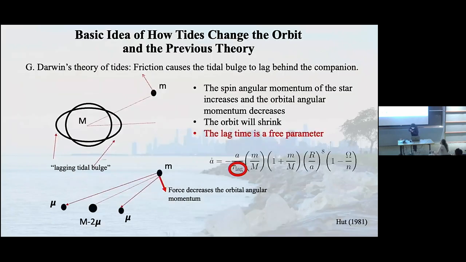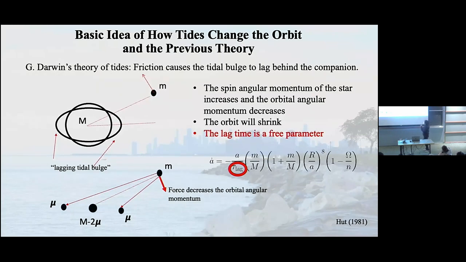So I would like to start with some basic ideas of how tides change the orbit, and the previous tidal theory. Let's focus on the cartoon here. We use a big circle to represent the primary star in the binary system, and there's a companion star rotating counterclockwise on this slide. In the traditional theory of tides, we think friction causes tidal bulges that lag behind the companion's rotation.